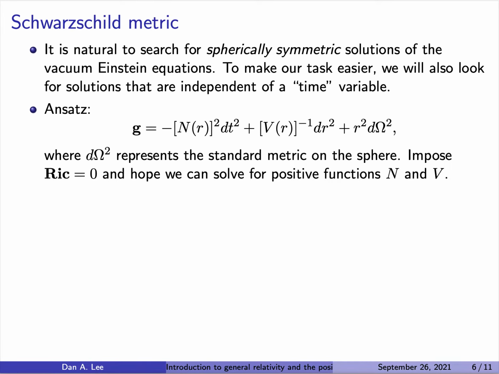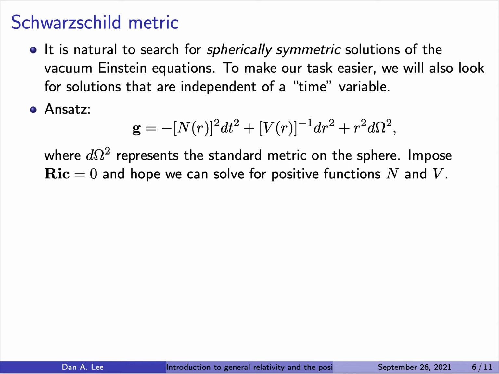Okay, so if something is spherically symmetric and independent of the time variable, then we must be able to write it in the following form. So our ansatz is that G takes the form of minus some function times dt squared plus some function times dr squared plus r squared d omega squared, where d omega represents the standard metric on the sphere.